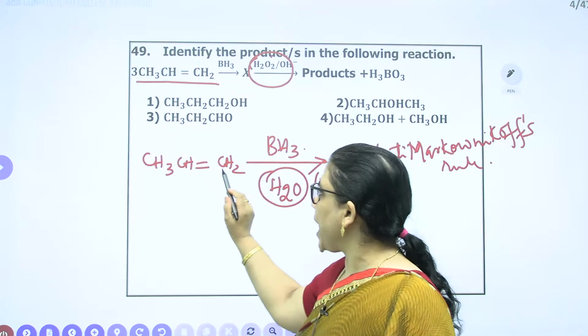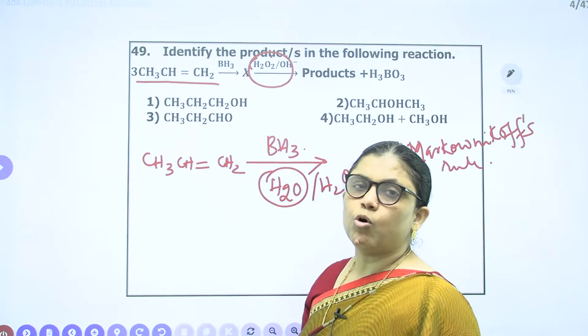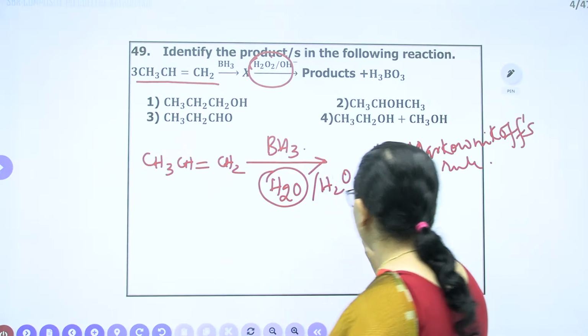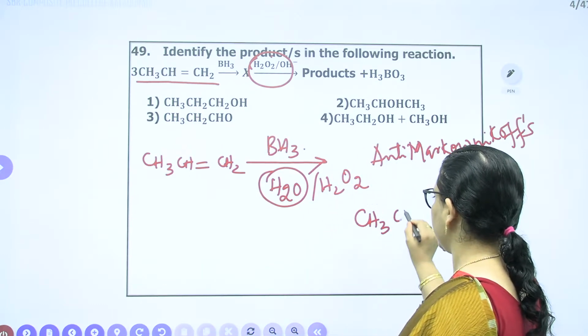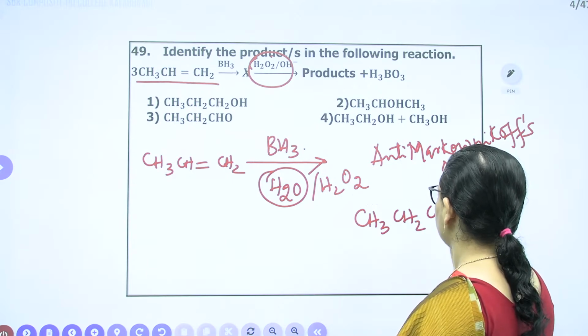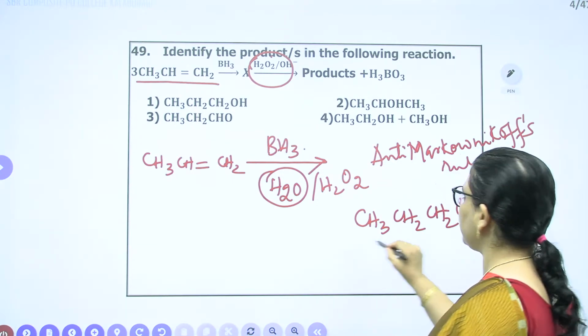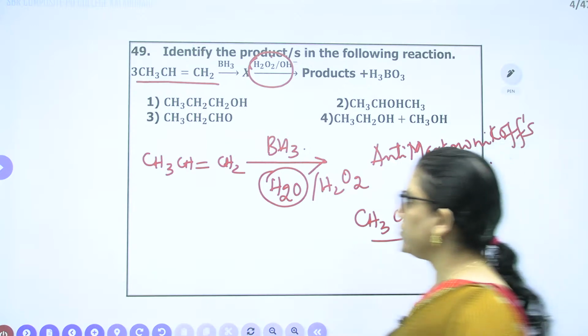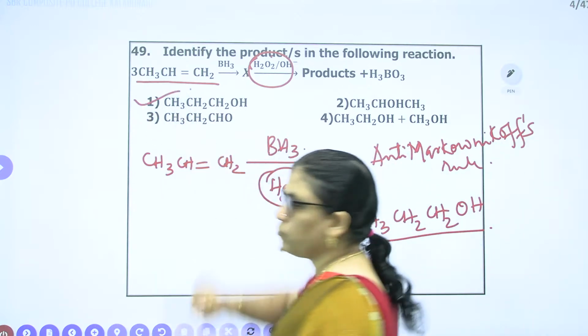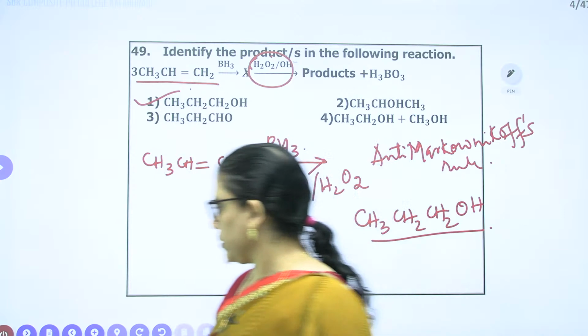In the anti-Markovnikov rule, OH will always be added to the carbon containing more hydrogen atoms. That's why we get the answer as CH3, CH2, CH2OH, that is propan-1-ol. The answer to question 49 is the first option.